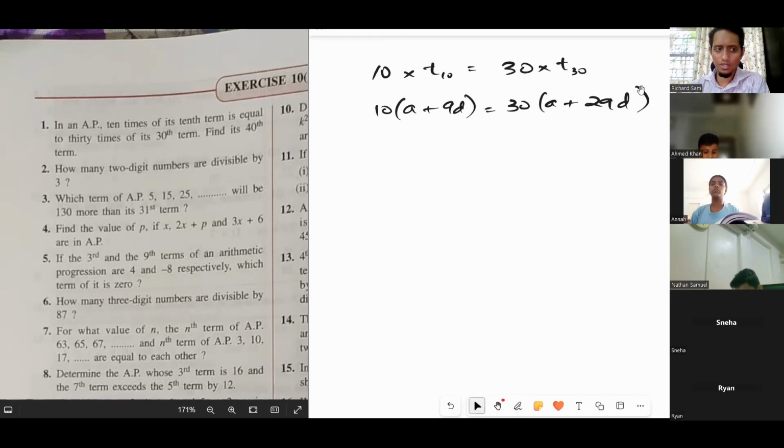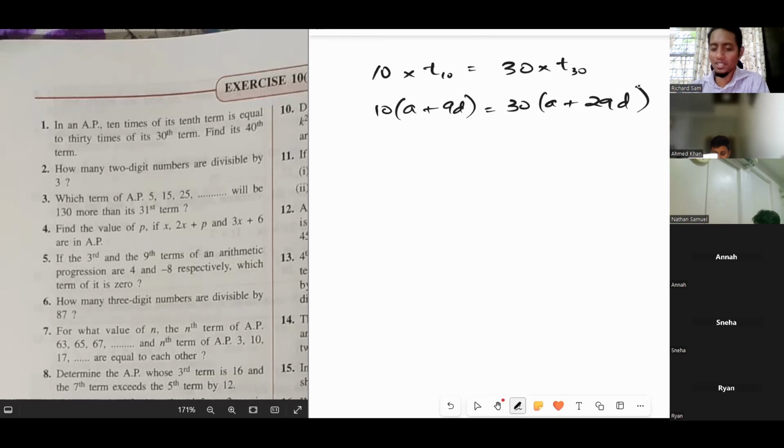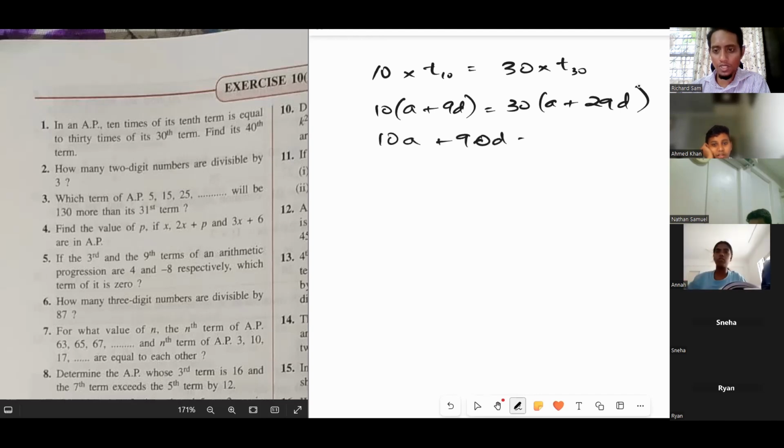But this is only one equation. Correct? Normally in the previous exercise, we had two equations and we could solve them simultaneously. All right. So anyway, let's try to solve this. How do we solve this? 10A plus 90D is equal to 30A plus 29 into 30, that is 870D.